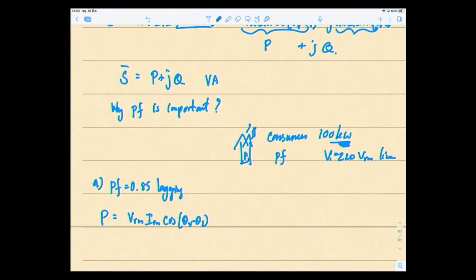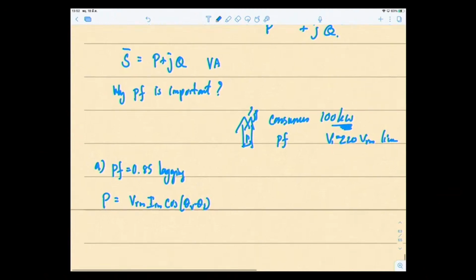So we know that P is 100k, we know that VRMS is 220. We don't know IRMS. We want to find the RMS current. And of course, cos(theta V minus theta I) is your power factor. So in this case, it's 0.85.